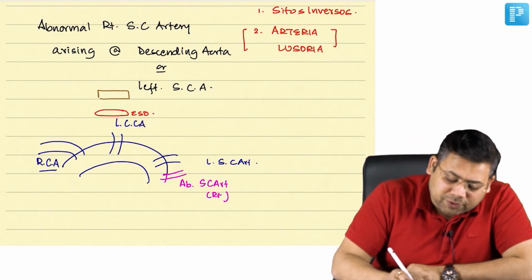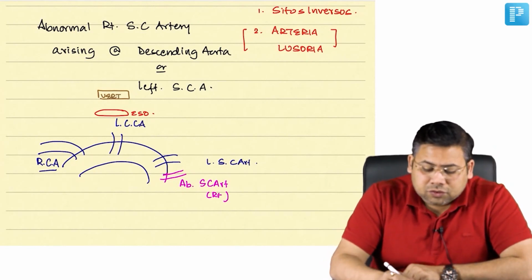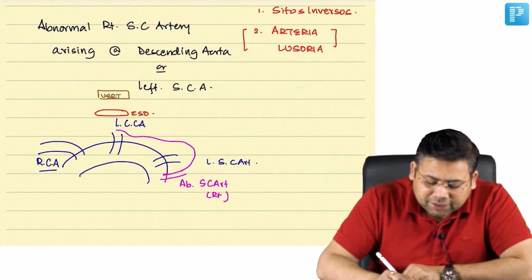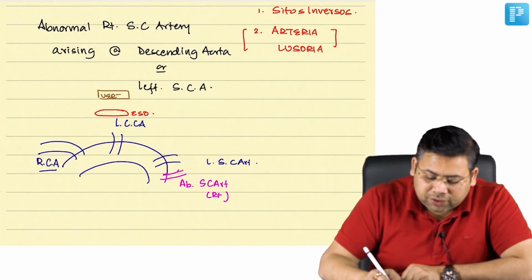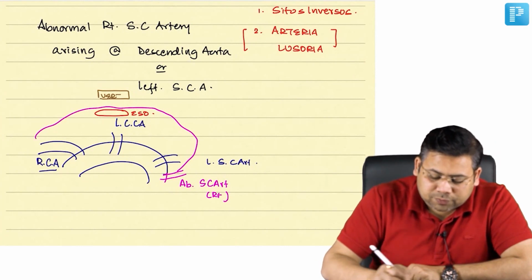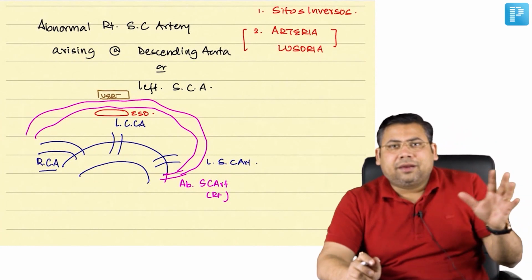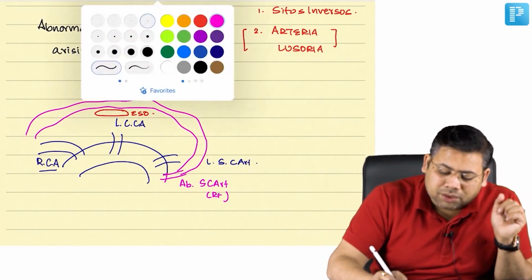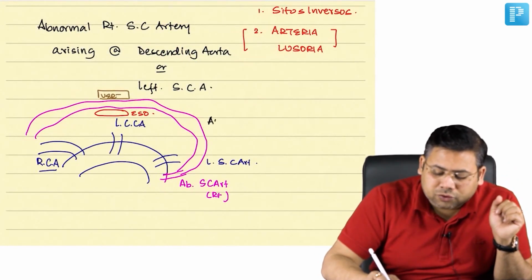These are the thoracic vertebrae and this is the prevertebral space. So this right subclavian artery decides to go by this prevertebral space. Can you see it is forming a ring-like structure around the esophagus? This is what is known as Arteria Lusoria.